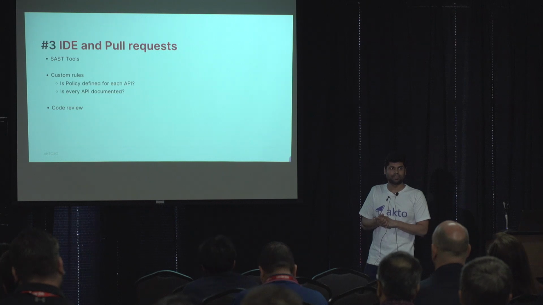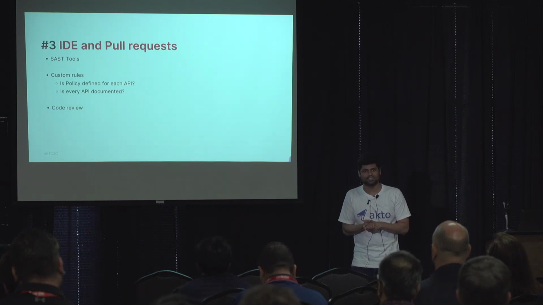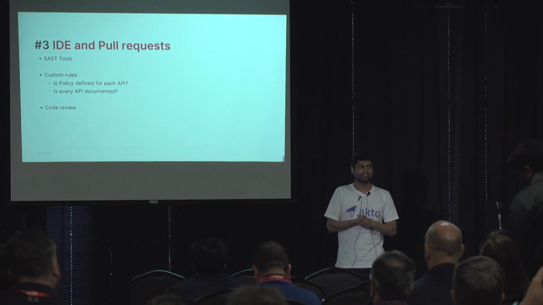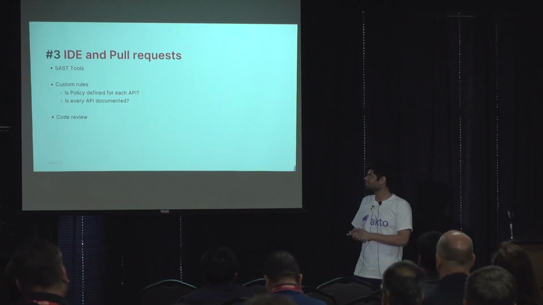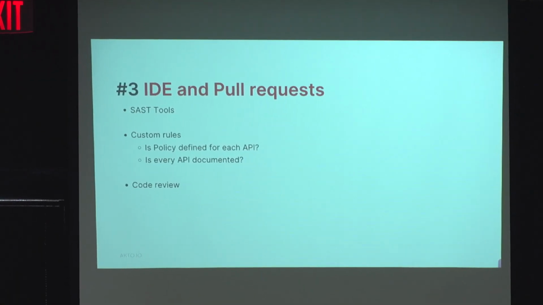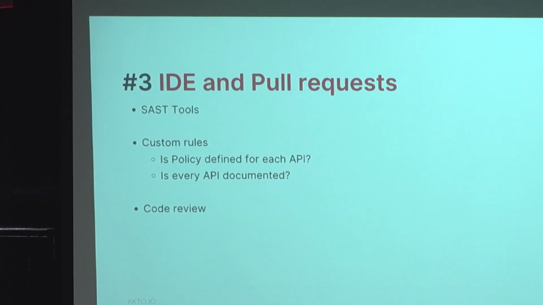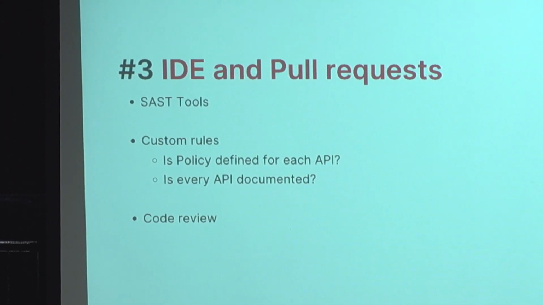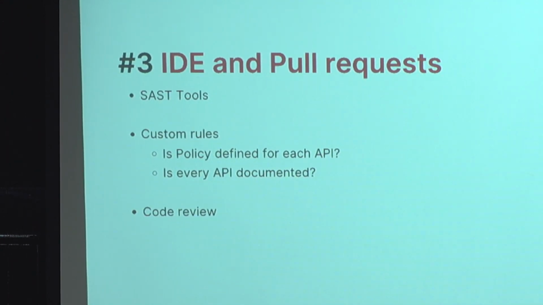Now, to make sure developers do that, you have to have some tools in place. You can have some source code analysis tools. You can use their default rule set. Some source code analysis tools allow you to define custom rules, so if you want to do that, go ahead.